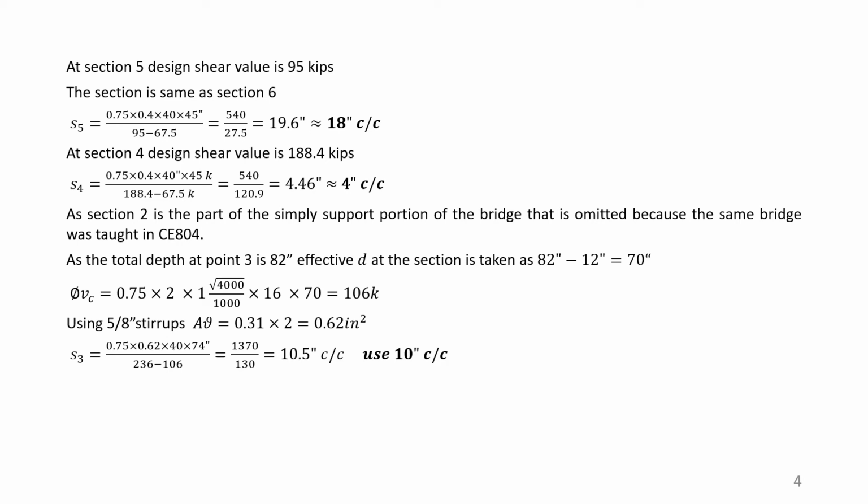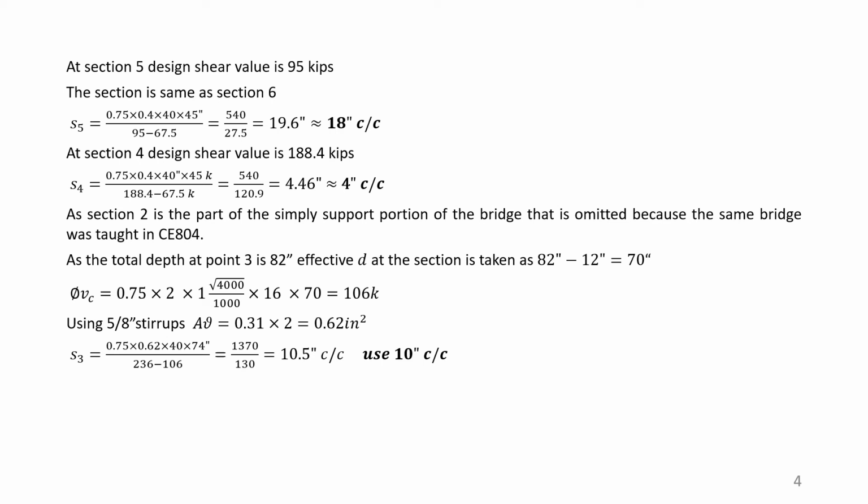At section 5, the result is 95 kips, and the section is same as section 6. So S max is equal to 0.75 is the factor, 0.4 is area of stirrup, and 40 is the allowable stress, and 45 is the depth d, and 95 is the value, and 67.5 is the concrete taking shear.